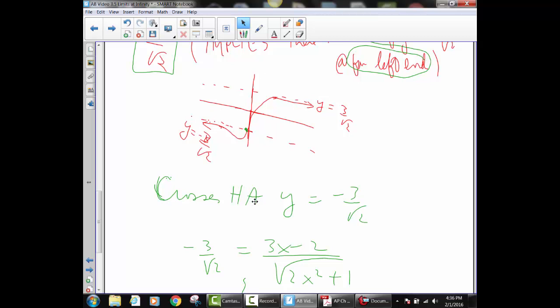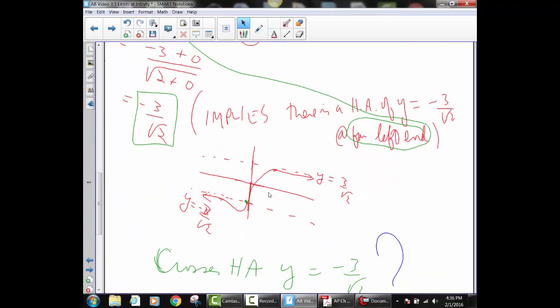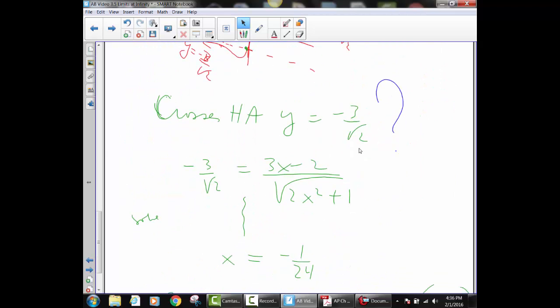To check if it does cross the horizontal asymptote, that's really a question you're asking yourself: does it cross the horizontal asymptote of y equals negative 3 over root 2? So what you do is you go back to your equation, which was y equals 3x minus 2 over the square root of 2x squared plus 1, and you set that equal to that horizontal asymptote value and try and solve.